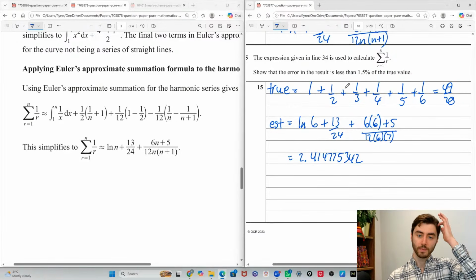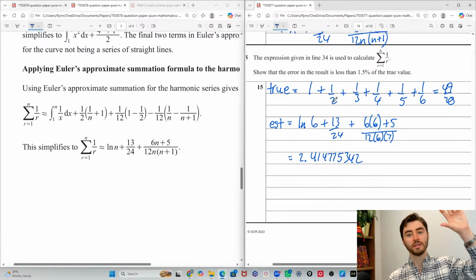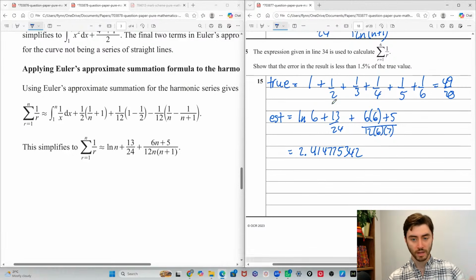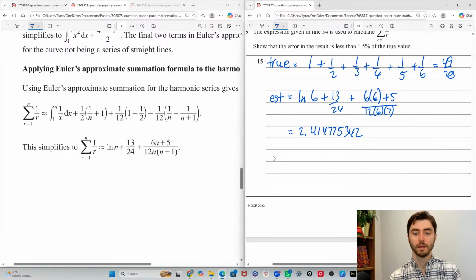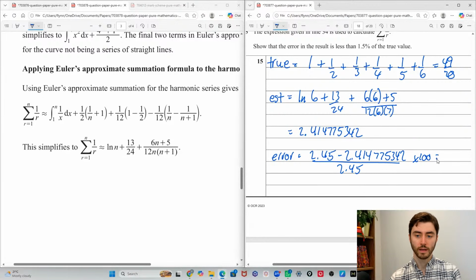So that's my estimate. Now the percentage error is the difference over the actual times 100. So the error, now this value, 49 over 20, is 2.45. So that's the bigger one. So I'm going to say it is 2.45 minus 2 point nonsense, so the difference over the actual times 100.